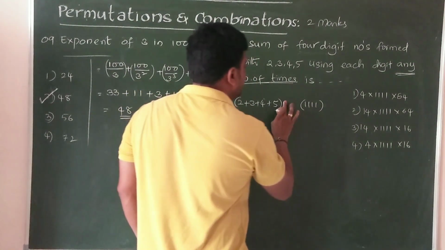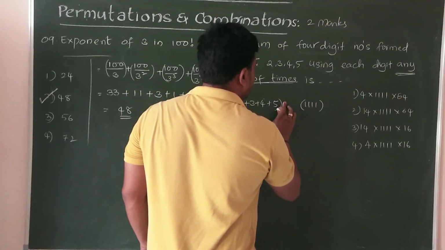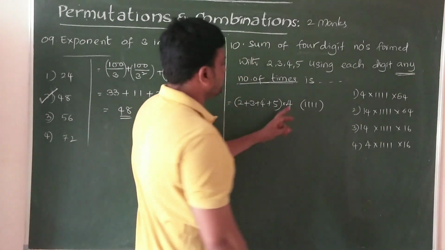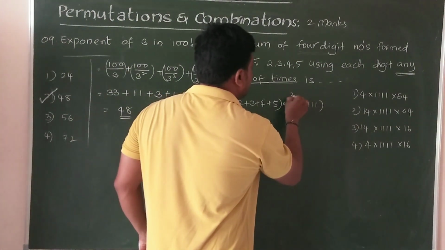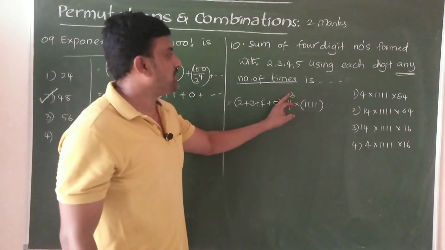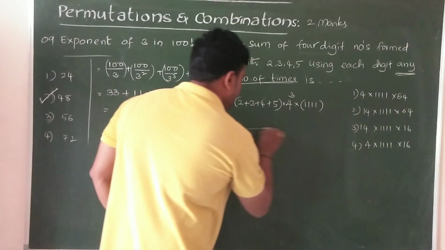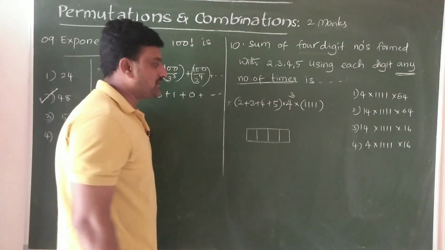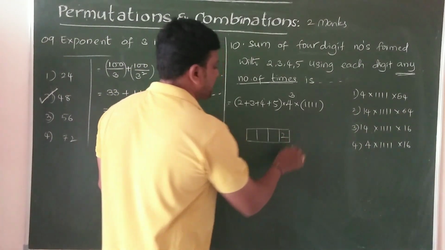Okay. But here into 4 power 3 is the new one. Sir, why? Because here, 4 power 3. Suppose we form 4-digit numbers by using 4 digits. The first place can be filled with 2.